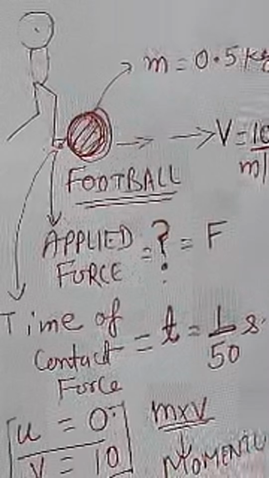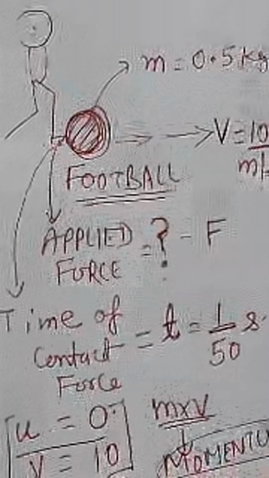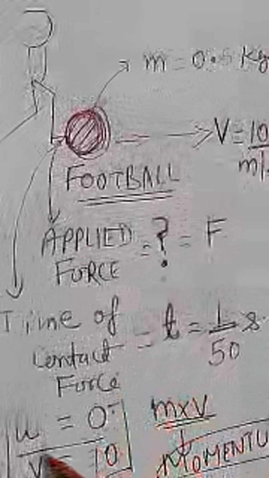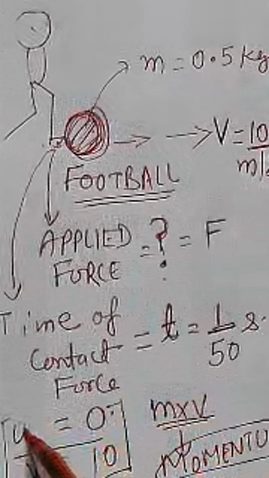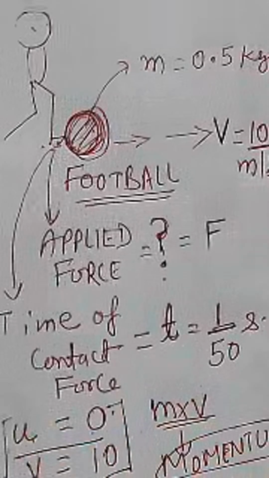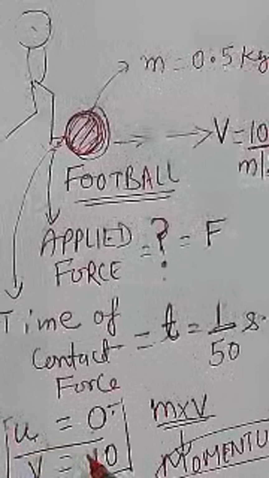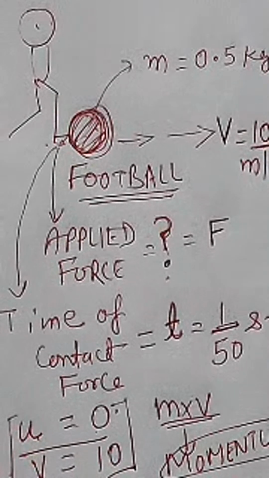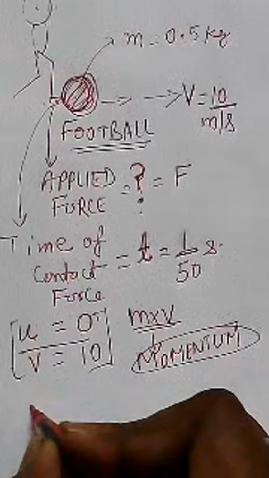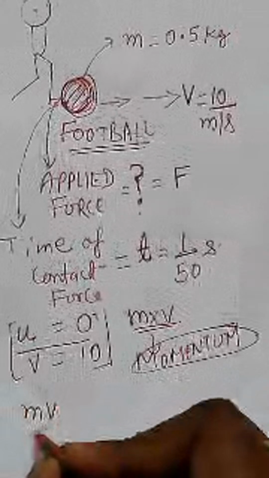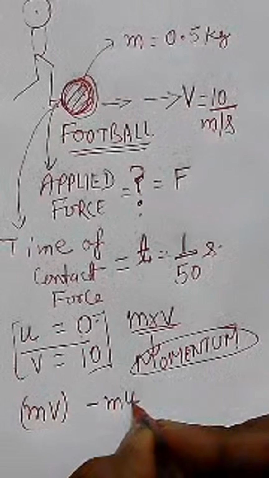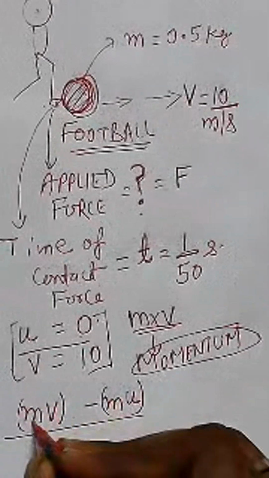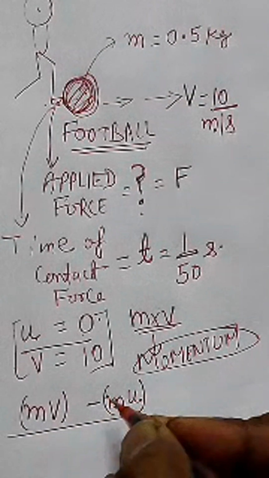The rate of change of momentum will be final minus initial, so m into v, the final momentum, minus m into u, the initial momentum, and the rate means this change per unit of time.